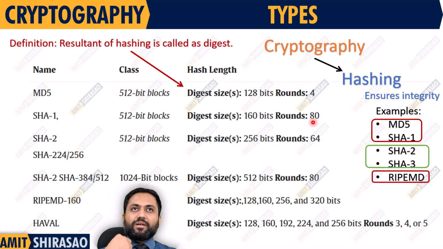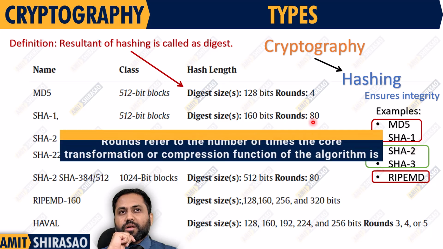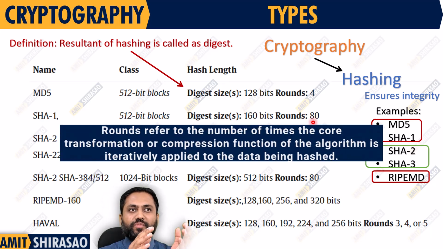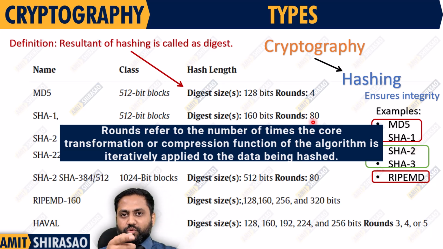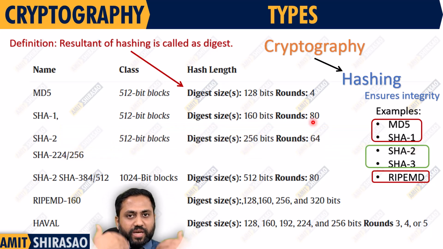Round means in hashing, they will run the same hashing algorithm multiple times on the digest also. So once I get the digest from the original message, I'll hash the digest also. So that is round 2. I'll hash that digest also. That is round 3. And this way I can go on 80 times. So that means there are 80 rounds of hashing.